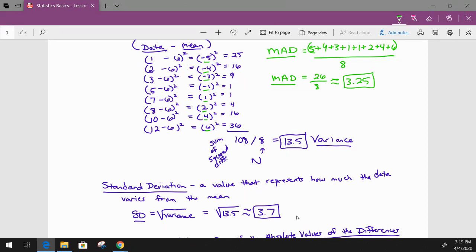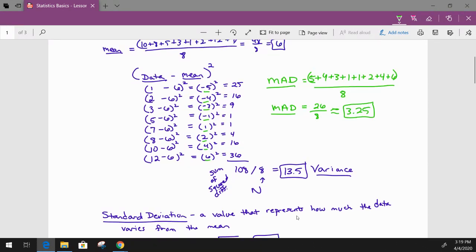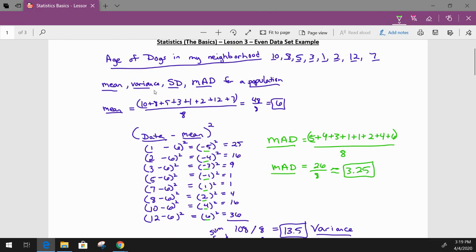So anyway, that's our mean, variance, standard deviation, and mean average deviation for a population set. The next thing I'm going to do, using the same data, is find the median, quartiles, interquartile range, and complete the box and whisker plot.